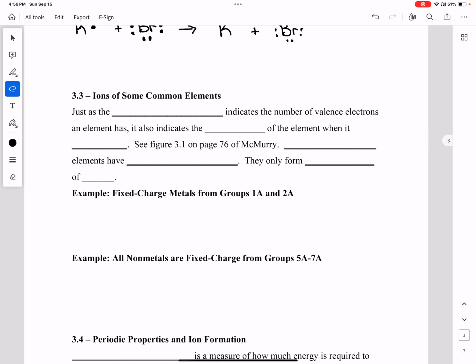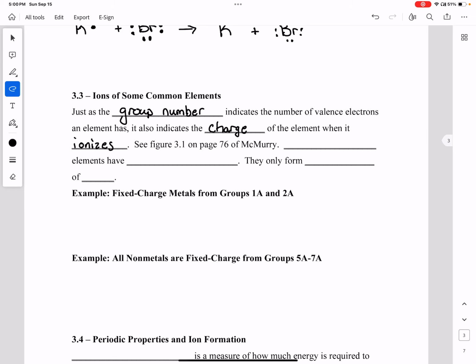So it just says the group number indicates the number of valence electrons it has. It also indicates the charge of the element when it ionizes. So I'd like you to look at figure 3.1 on page 76 of McMurray.